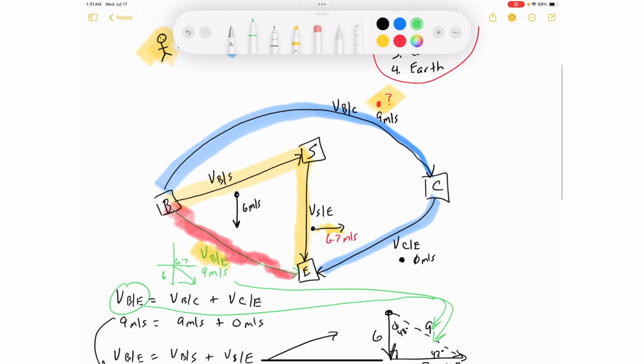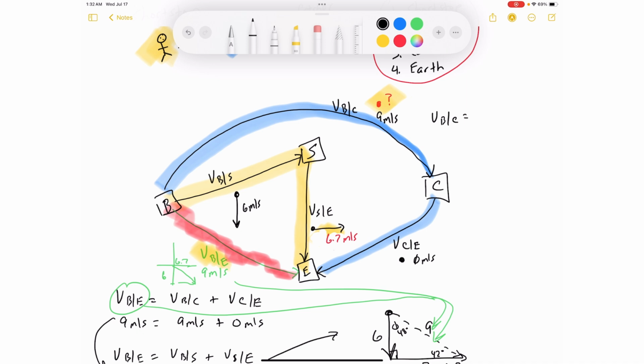The last one is this one up at the top. So this one, like right here. All right, this one up here at the top. So what is that? Well, it is the velocity of the ball relative to the catcher. Well, what is that? Like, what's another way of saying that vector?